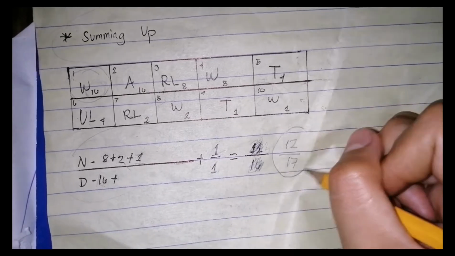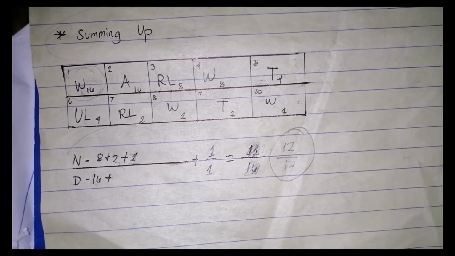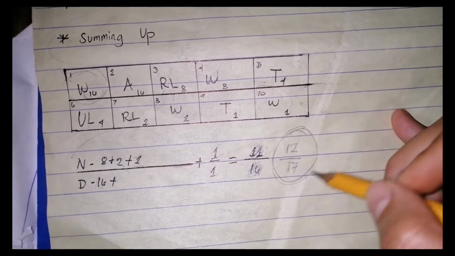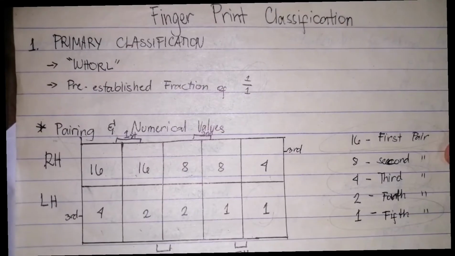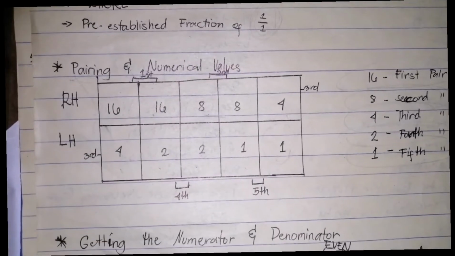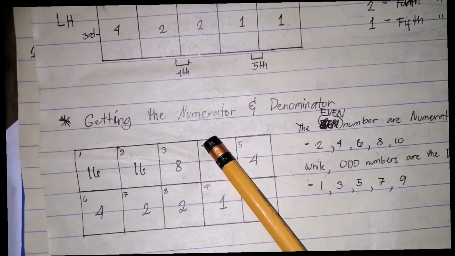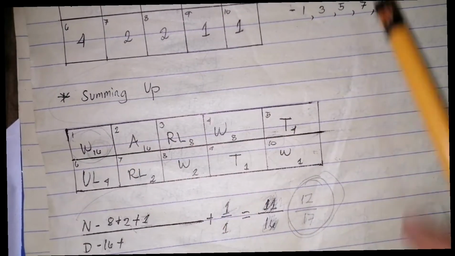So this is the summation of the primary classification of whorl type classification. That is the primary classification. It only focuses on the pairing and numerical values, getting the numerator and denominator, then summing up all of its ridge counts.